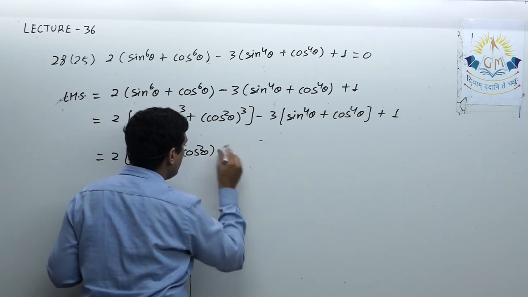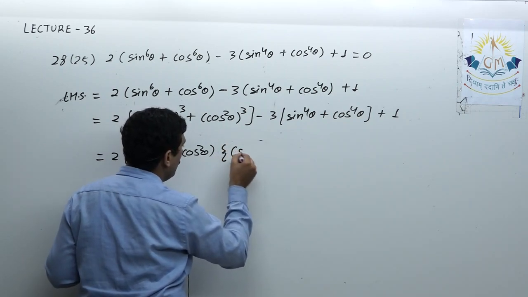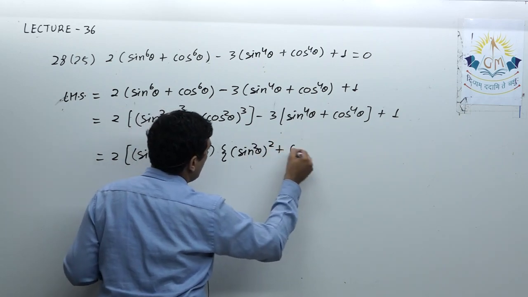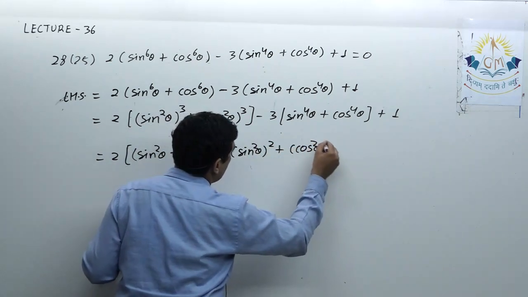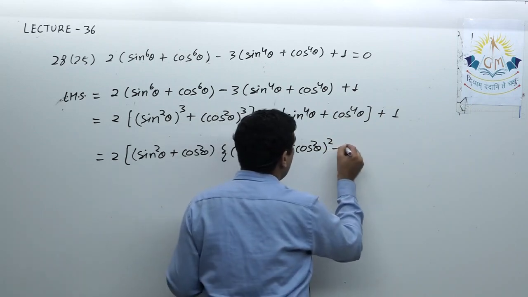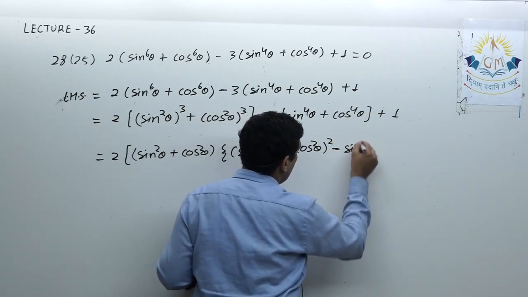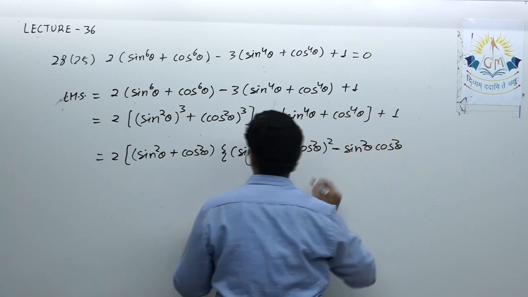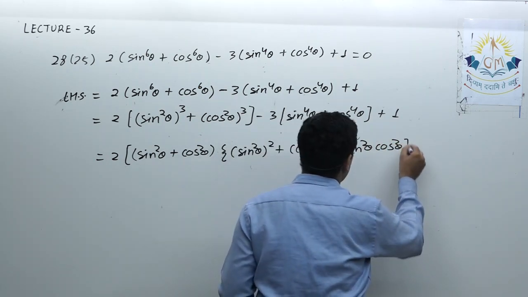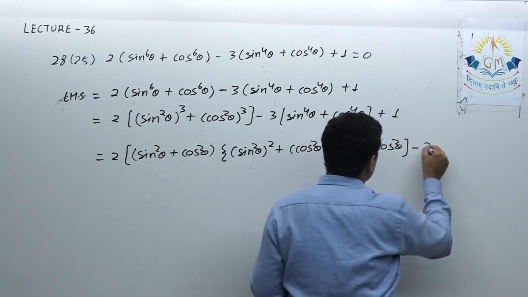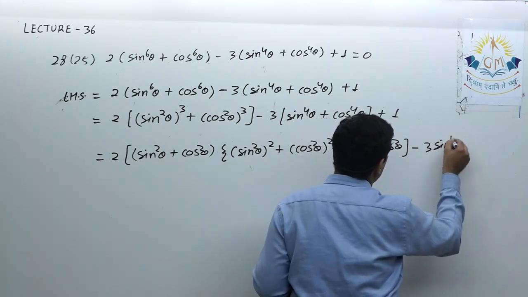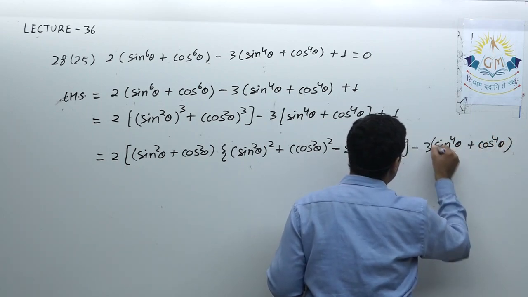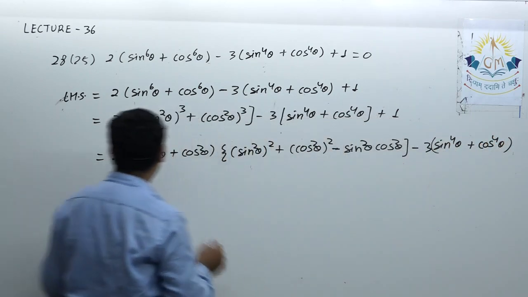In the second bracket we have a square, sin square theta whole square, plus b square, that is cos square theta whole square, minus ab, that is sin square theta cos square theta. Minus 3 times sin raised to 4 theta plus cos raised to 4 theta. This remains as it is.